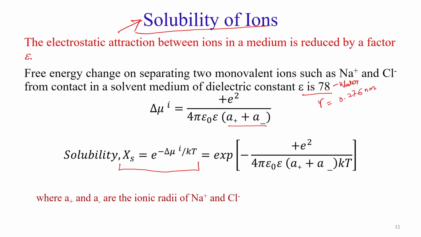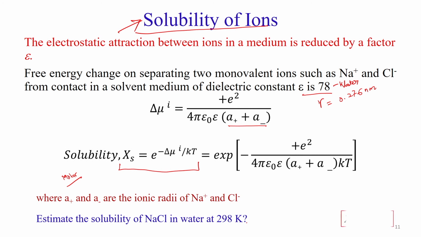If you put all the values here, we will be able to calculate the value of Xs, that is the molar solubility. K is the Boltzmann constant, T is 298, and the value comes out to be 0.075.